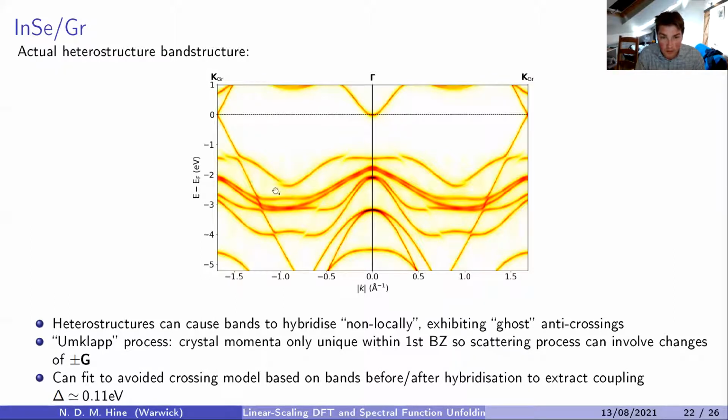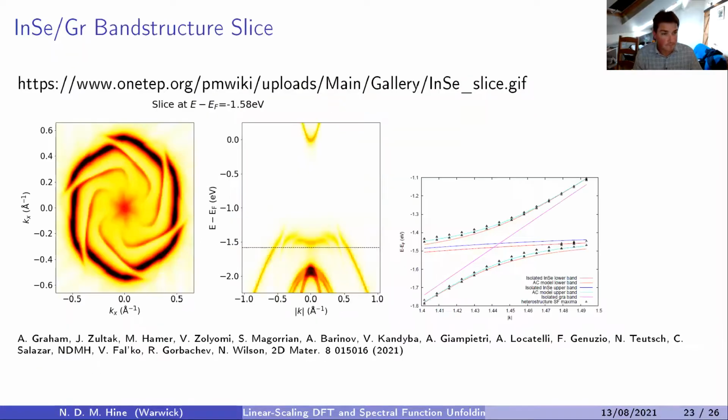So what we see here is in the heterostructure, we can generate non-local hybridizations. You see these band crossings away from where the actual intersection of the bands is in the graphene Brillouin zone, and these are from periodic images in subsequent Brillouin zones of the InSe. And we can fit to an avoided crossing model and show that it generates very good predictions of the coupling.